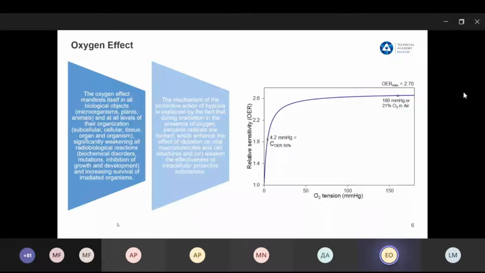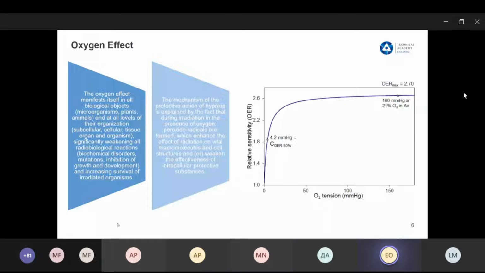The oxygen effect is used in radiation therapy: by increasing the oxygen content in the tumor and creating hypoxic conditions in surrounding tissue, it is possible to increase the radiation damage in tumor cells, while simultaneously reducing damage to healthy tissues.